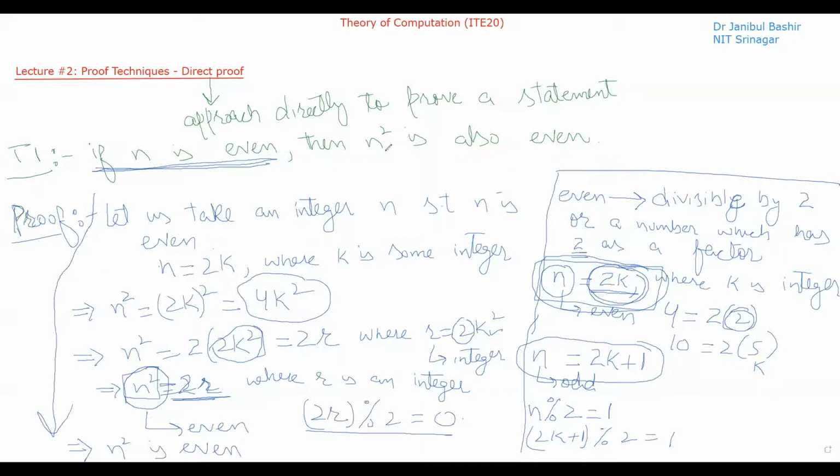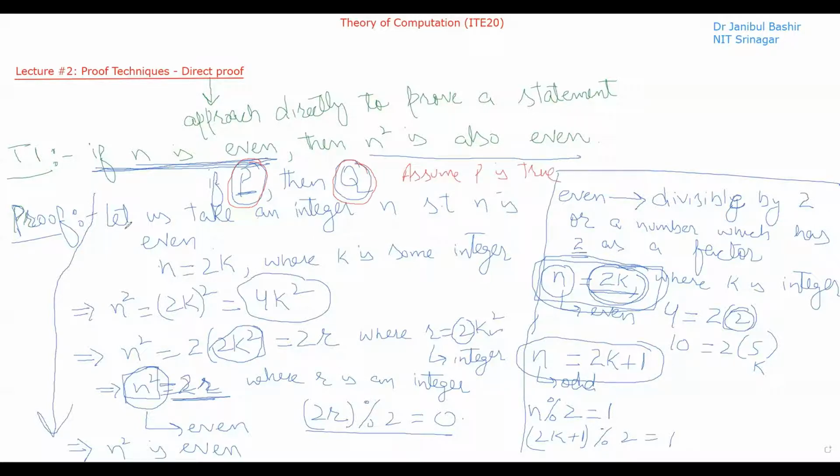So if we have this kind of statement, if P, then Q, that means P here is the statement n is even, and Q is the statement n square is also even. If we have to prove this kind of statement, if P, then Q, we will first assume P is true.